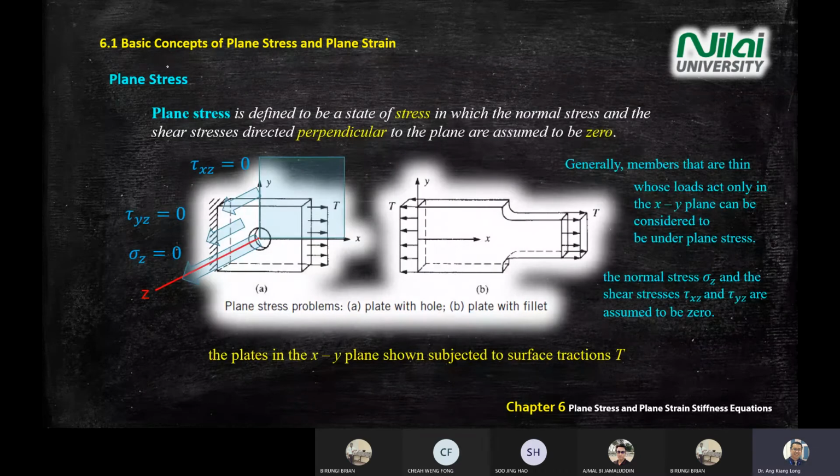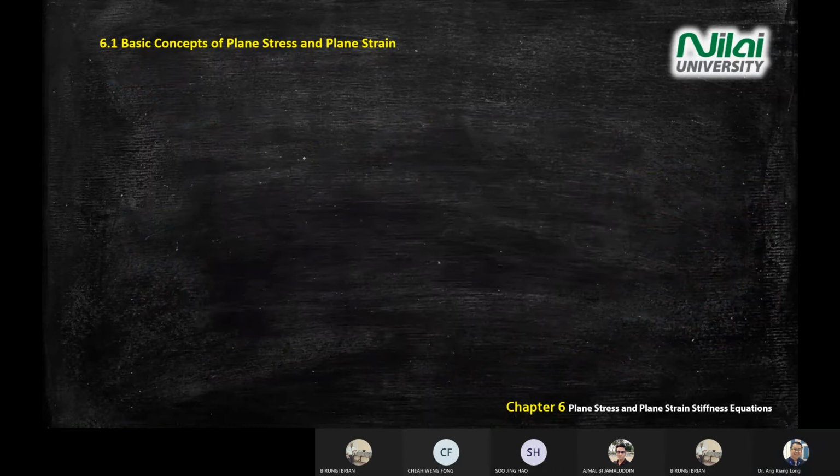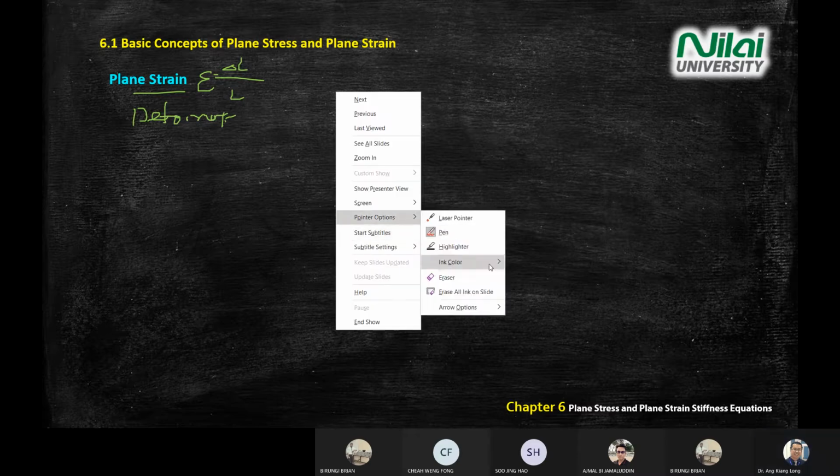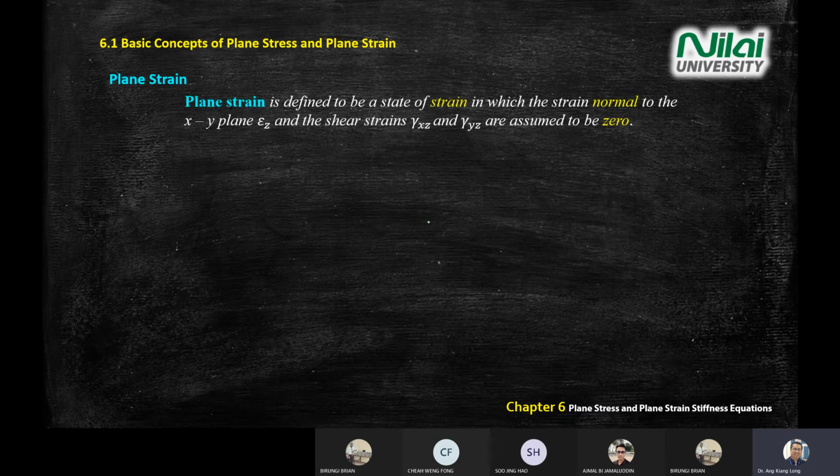Just now was stress. Now is strain. What is meant by strain? Strain is a deformation. If you studied statics and dynamics, strain is delta L over L, meaning something that has changed according to the original length. It is a deformation. I'll go very quickly on these slides.